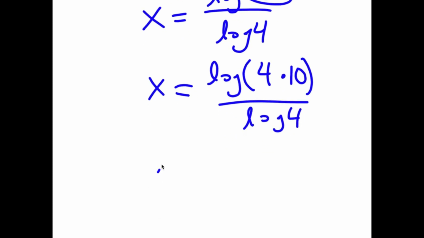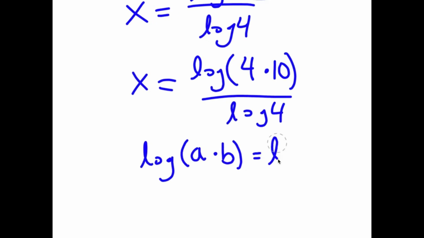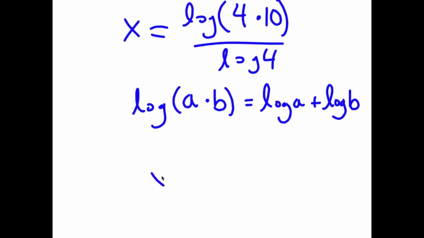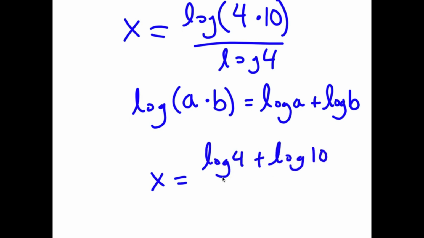And if I have something in the form log of a times b, this is equal to log a plus log of b. So log of 4 times 10, that's going to equal log of 4 plus log of 10, over log 4.